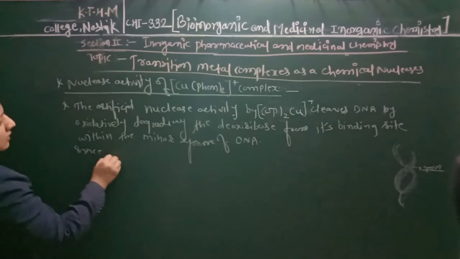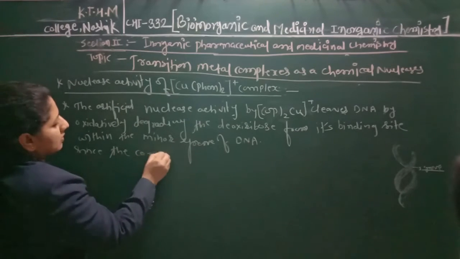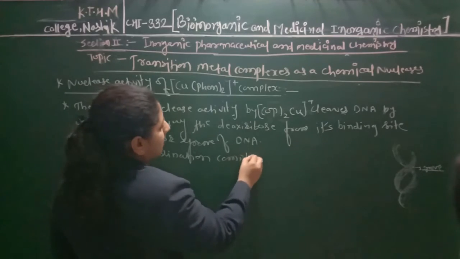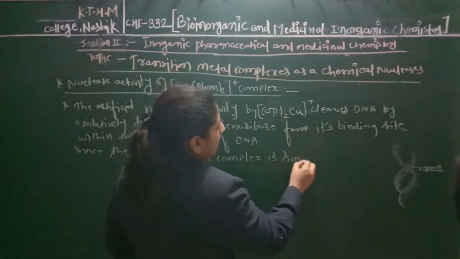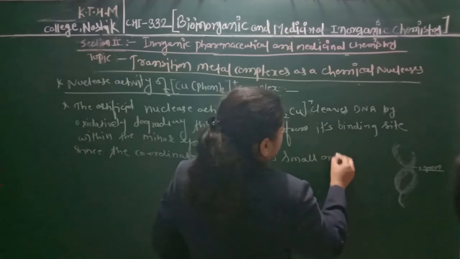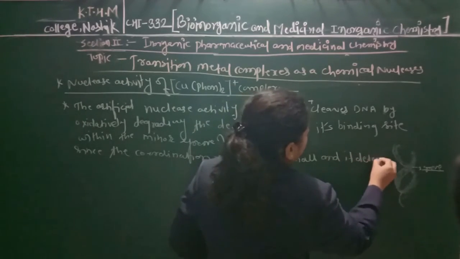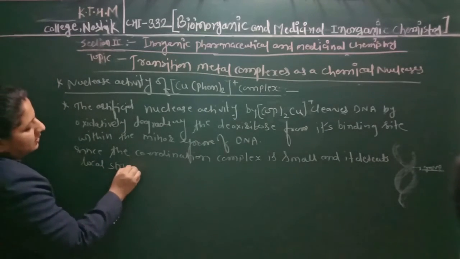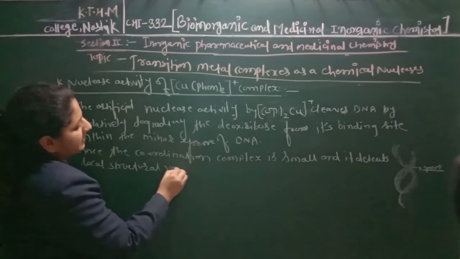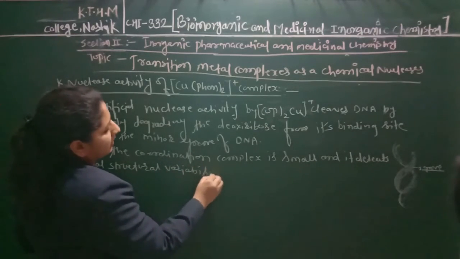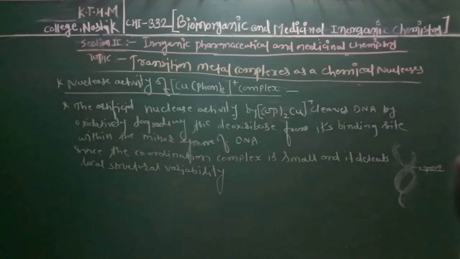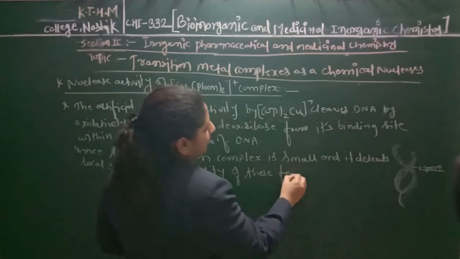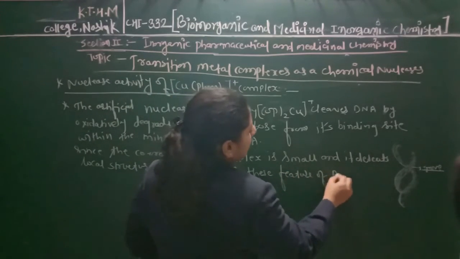Since the coordination complex is small, it detects local structural variability of this feature of the DNA helix.